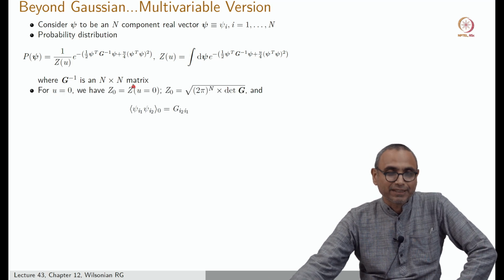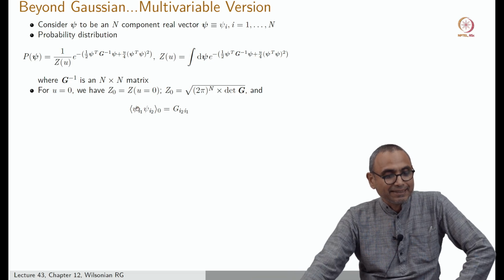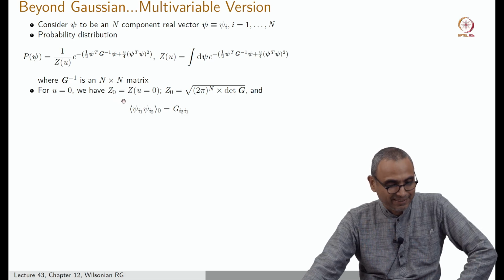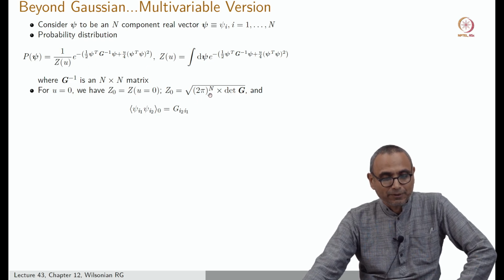You can think of it as symmetric if you like. And when u equals 0, we can solve this exactly, since it becomes a Gaussian, and you can show very easily that Z0 is 2 pi to the power n, where n is the dimension of this vector space, times the determinant of G.